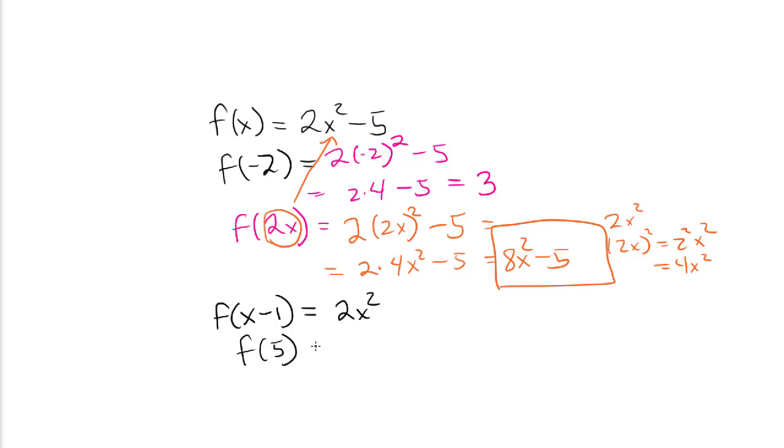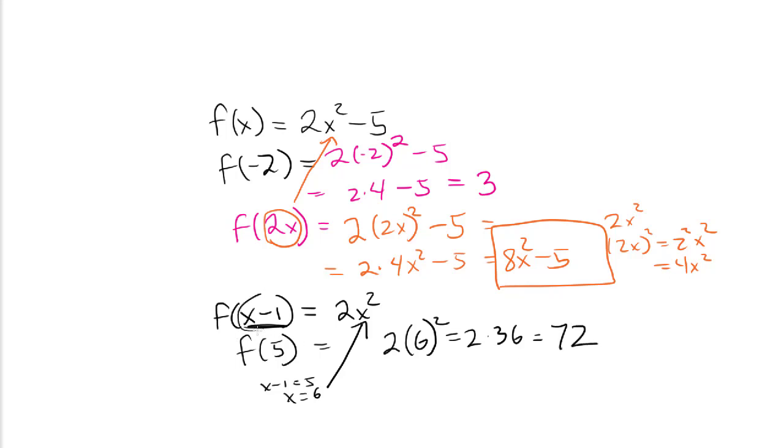Well, that means my x to get 5 as my input means x minus 1, that's my input according to my function here, must equal 5. That means my x is really 6, because that's what I have to plug into my function over here. So f of 5 really is 2 times 6 squared, which is 2 times 36, which is 72.